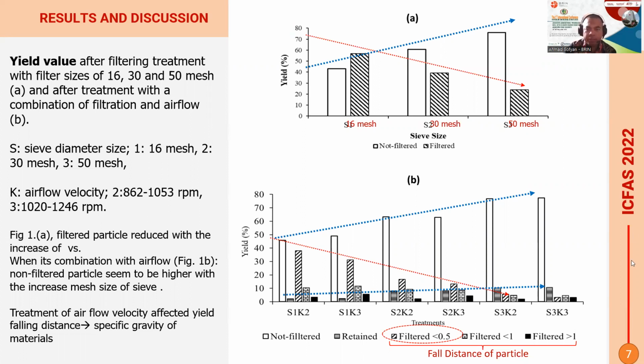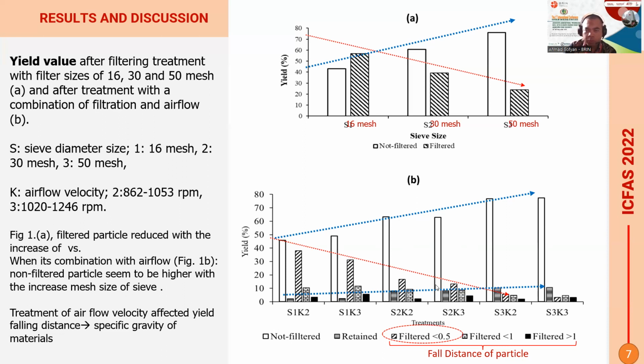In figure A, we can see that filtered particles reduce with the increase of sieve mesh. However, in figure B, with the combination of filtration and airflow technique, non-filtered particles seem to be higher when the mesh size of the sieve increases.